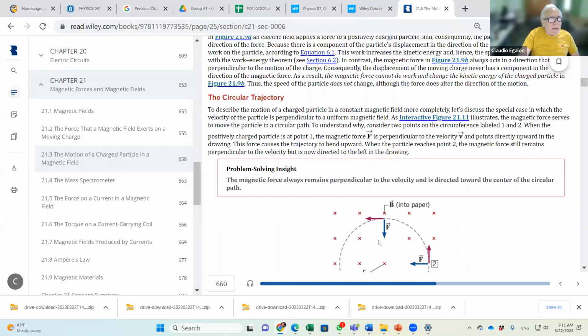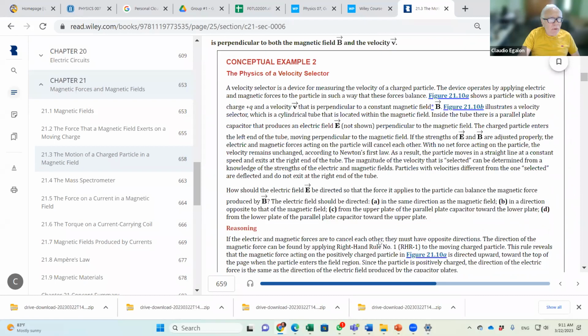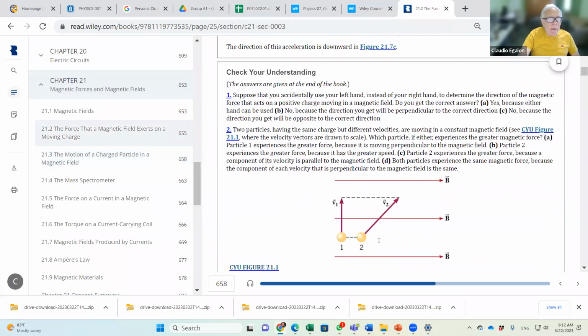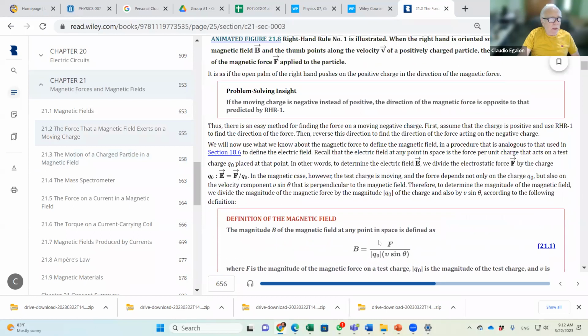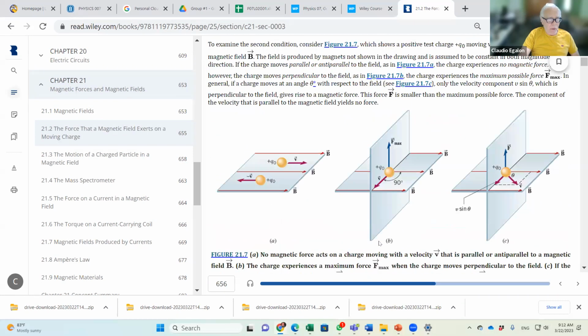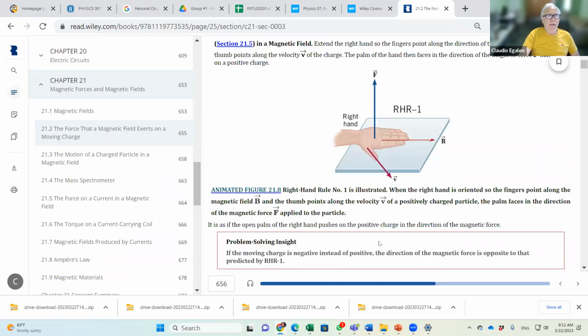There is more than one way of doing the right-hand rule, okay? They do the right-hand rule in a different way, but it also works. In the case of the book, how do they do the right-hand rule?